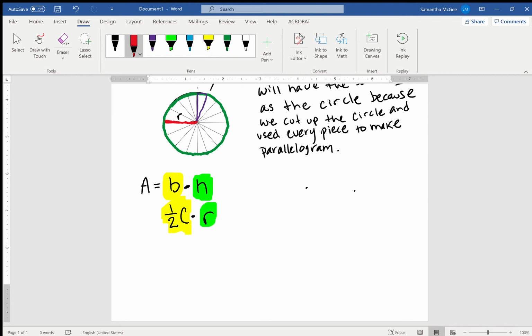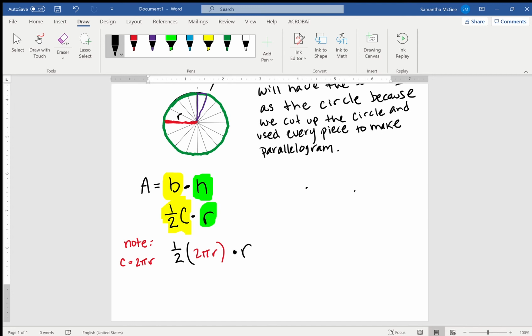Moving forward, I'm going to make a note. We know how to find the circumference. The circumference is 2 pi r. So instead of C, I'm going to substitute 2 pi r. So we have 1/2, and I'll write it in red to keep it consistent with that note, and I'm going to leave r the same.